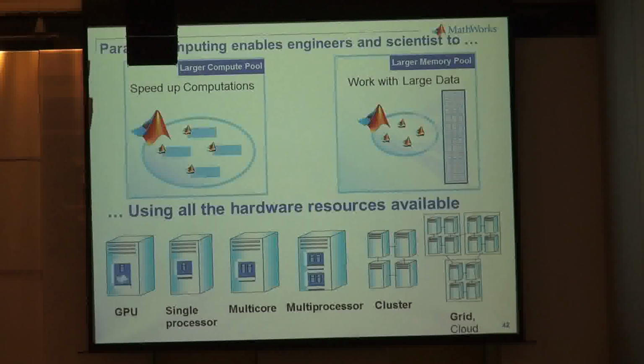We want you to focus on your problem. What is the science? What is the thought? Not worrying about the semantics of parallel computing. We want it to be easy for you. That's what we'll be showing today, how easy it can be for you to go from any one of these resources to the other, to get your answer faster, and do what you need to do.